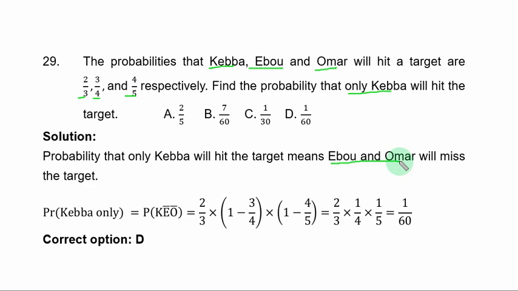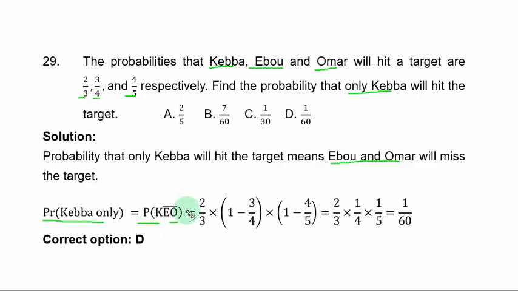So the probability of missing is 1 minus the probability of hitting. So the probability of Keba only is P(K, E bar, O bar): K is Keba will hit the target, E bar means Ebwe will miss, and O bar means Oma will miss.